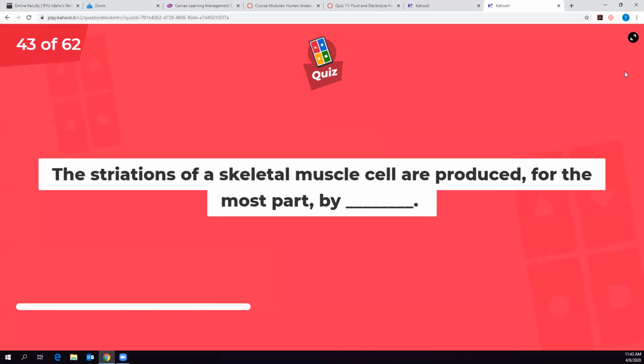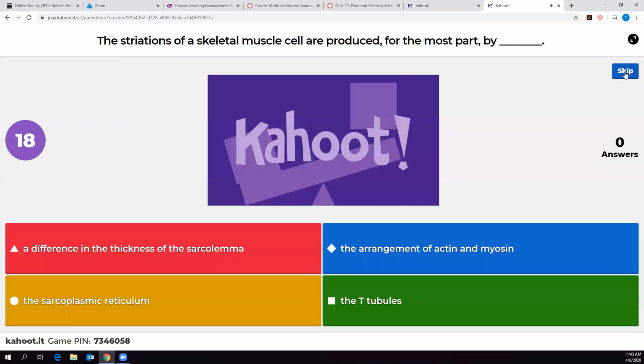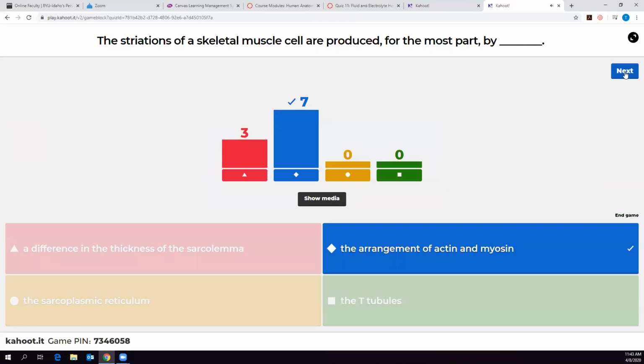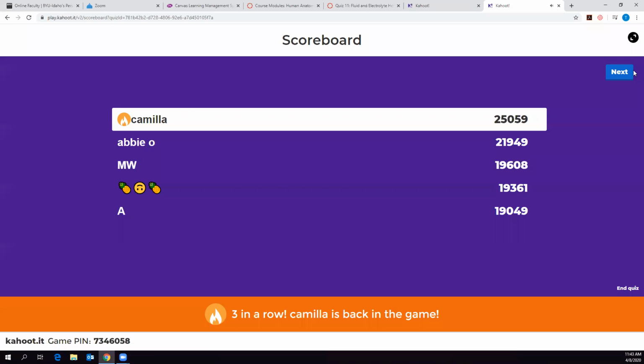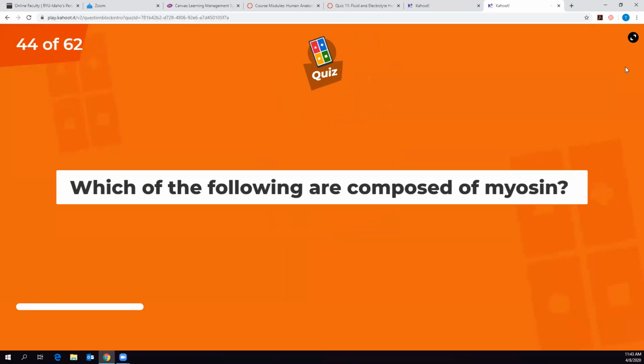Okay, the striations of the skeletal muscle are produced for the most part by, so what makes it look light and dark? Exactly. The arrangement of actin and myosin. Okay, which of the following are composed of myosin?